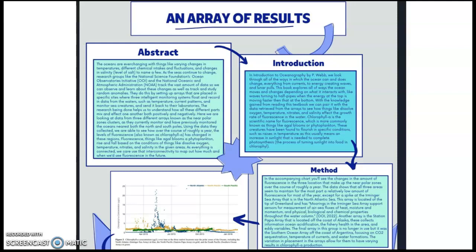With the knowledge gained from reading this textbook, we compare it with the data retrieved from the arrays to see how things like dissolved oxygen, temperature, nitrates, and salinity affect the growth rate of fluorescence in the water. Chlorophyll A is a scientific name for fluorescence, which is more commonly known as things like algal blooms or phytoplankton.